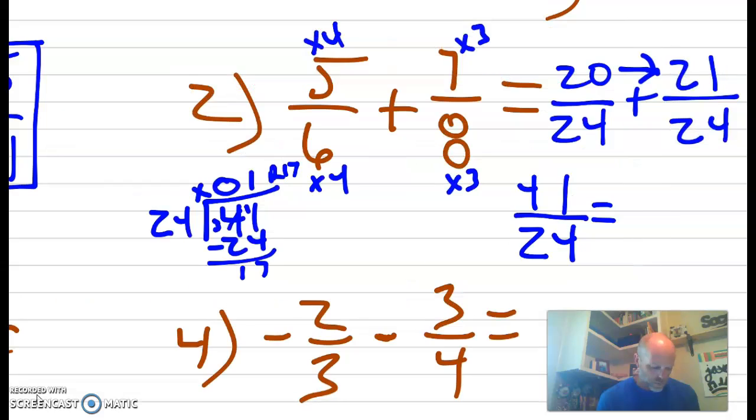Okay, so 41/24 is the same thing as 1 whole. There's our 1 whole with 17 parts left out of 24 parts. 24.